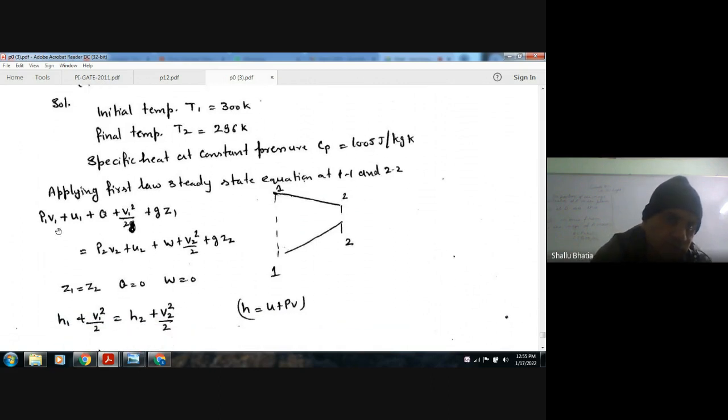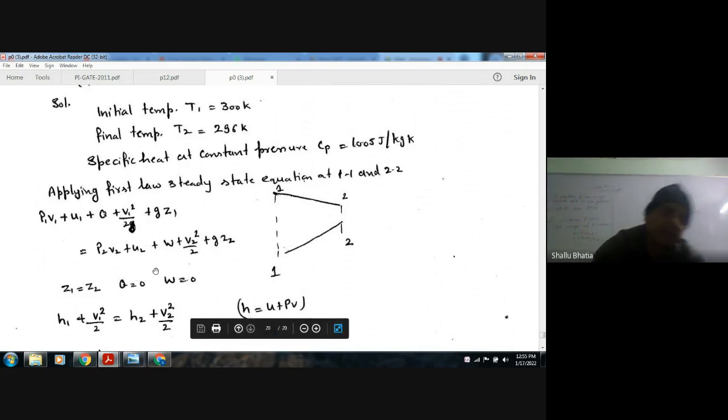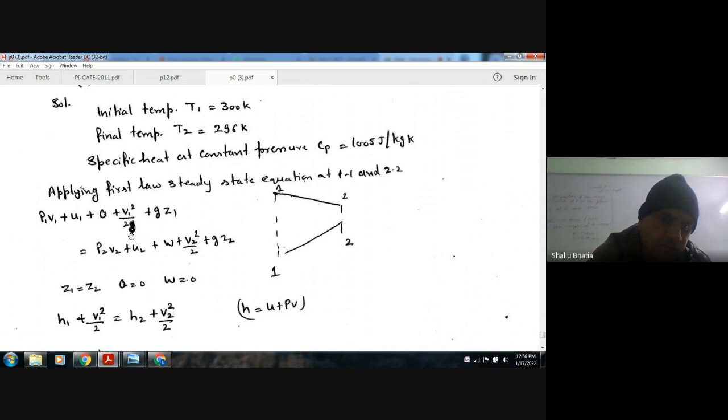Here it will be H1, and as no heat is being supplied and no work has been done, Q is 0. Z1 and Z2 are same because height is same. So the steady state energy equation reduces to H1 plus V1 square by 2 is equal to H2 plus V2 square by 2.